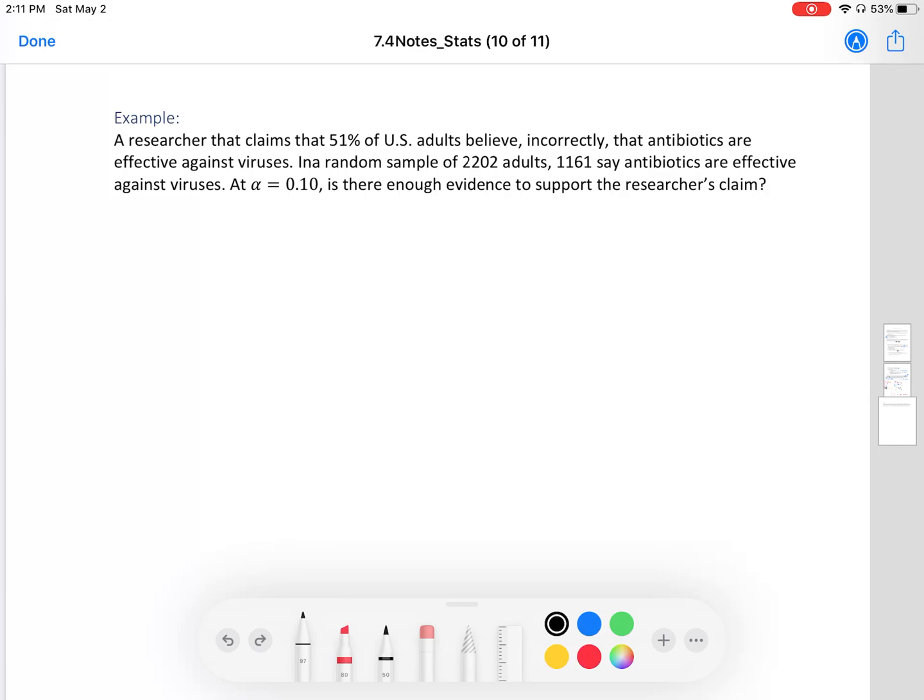All right, so you want to start off with your claim. That will lead to your null and your alternative. Our claim is that 51% believe incorrectly. So this one's really tricky because we have incorrectly, it's going to be not equal to.